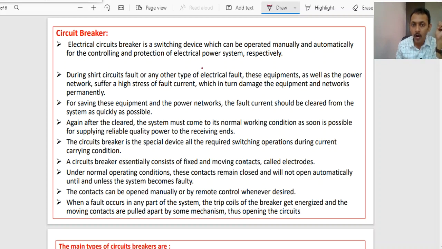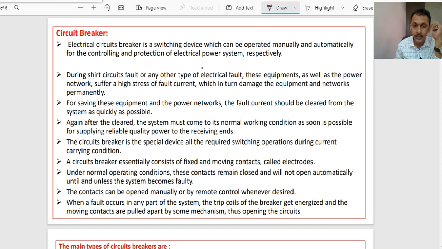During an abnormal or fault condition, it can only isolate the circuit, but it cannot make the connection again between the source and the load. So here this circuit breaker not only breaks the circuit, but it will also make the circuit.